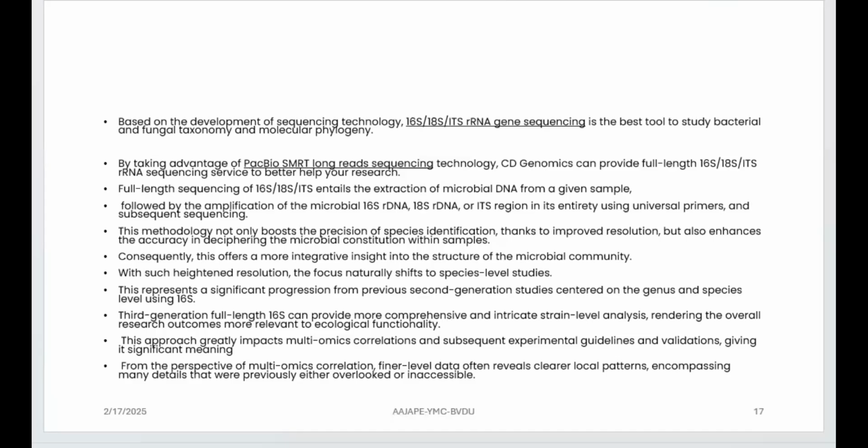In the rRNA region of eukaryotes, you have ITS regions. So the importance of ITS within 18S, hypervariable regions, importance of those, and then co-sequencing of both ITS and 18S regions, and importance of hypervariable regions in specific groups of organisms in narrowing down to the species level. And the last point that we have talked about here is strain level, that is, third generation sequencing is useful for it.